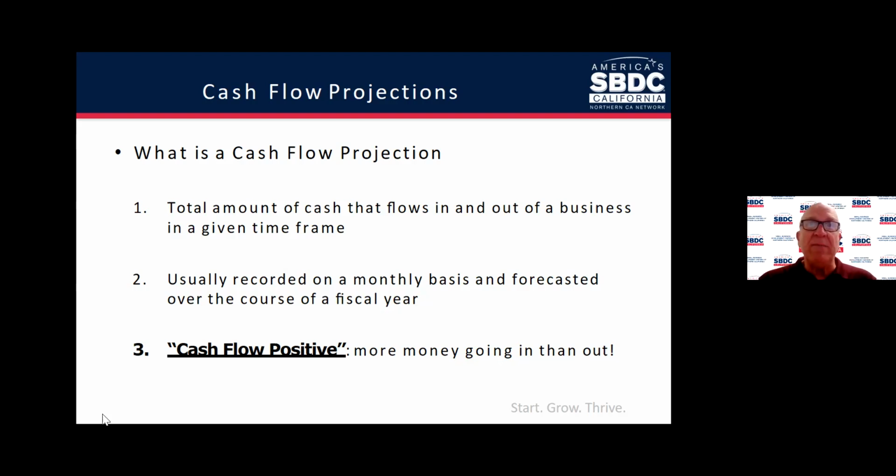Okay, so total amount of cash flows in and out of the business, usually recorded on a monthly basis, and always should be forecasted at least one fiscal year in advance. Whether you run June to June 30, July 1, that kind of fiscal year. Part of our particular organization here runs to September 30th, of all things.